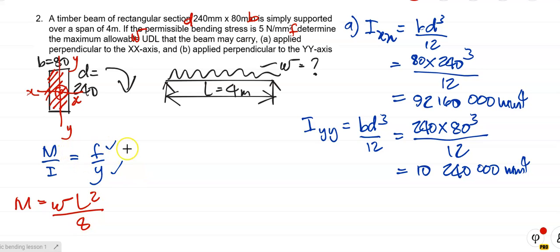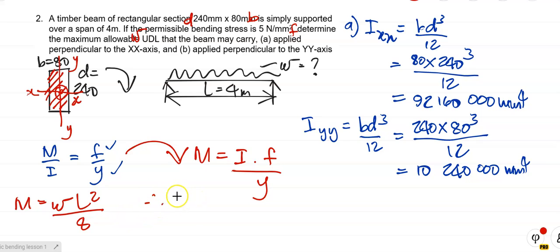But from here we also know, if I make M the subject of the formula here, M is equal to IF over Y. So if M is equal to that, and M is also equal to that, therefore we can say that all of this is equal to all of that. So therefore, I can say wL squared over 8 is equal to IF over Y.